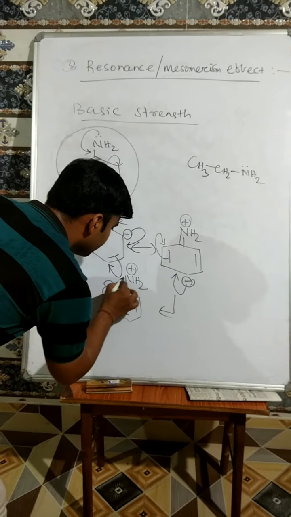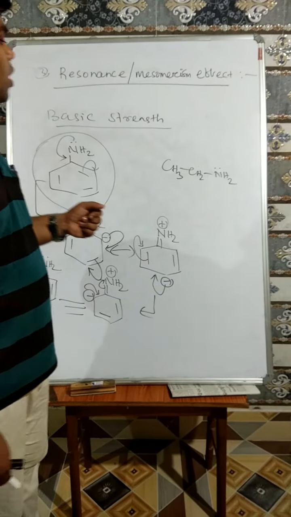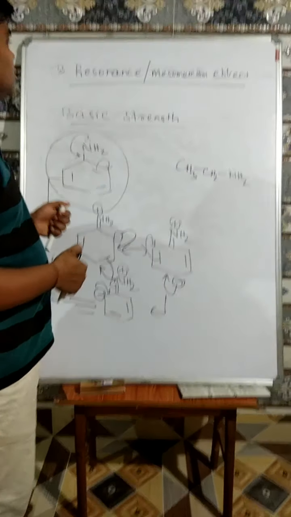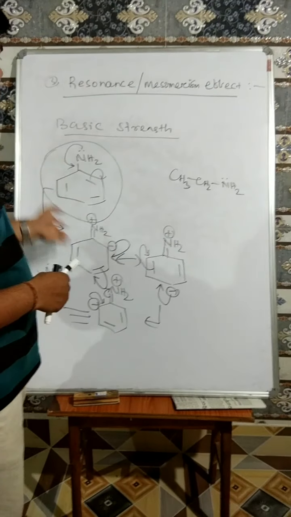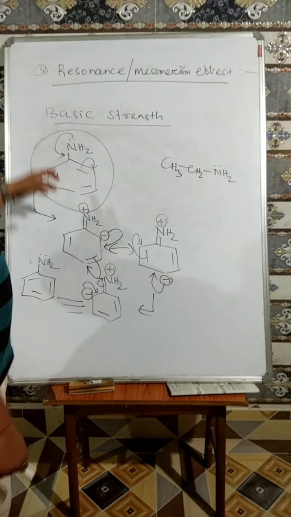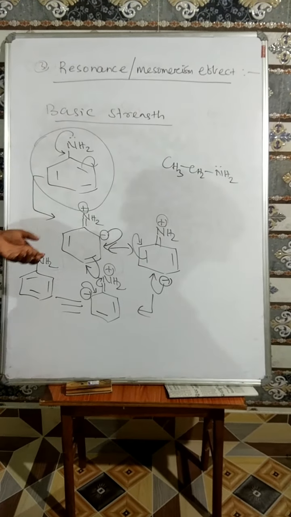But friends, you see in ethylamine, we cannot show the resonance effect. We cannot get the resonating structures from ethylamine because there are no such conjugated pi bonds available in ethylamine. So ethylamine is unable to support the resonance effect, but aniline can show the resonating structures by the cyclic shifting or delocalization of such pi electrons.